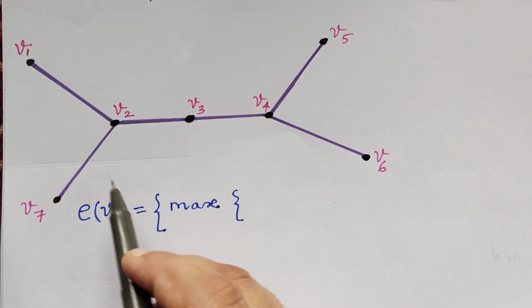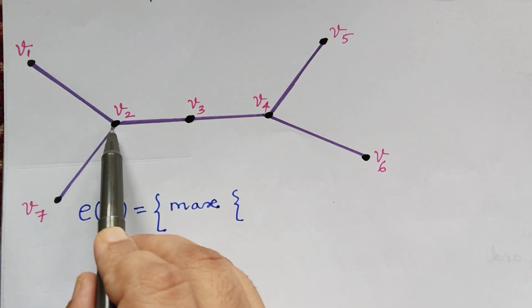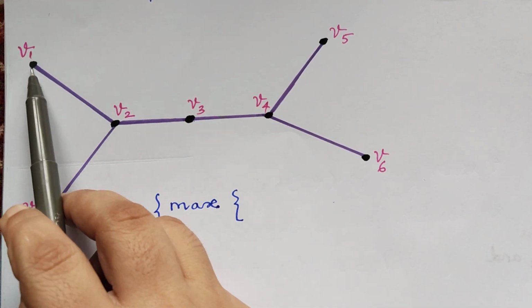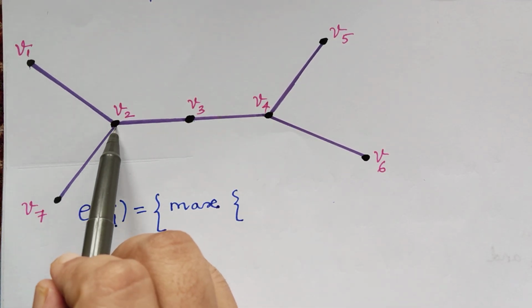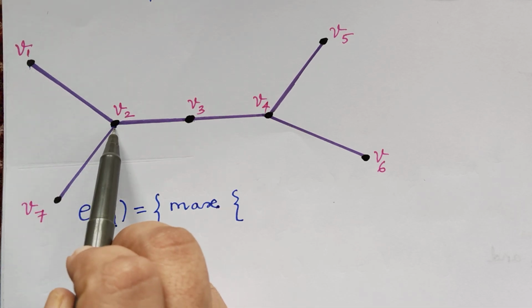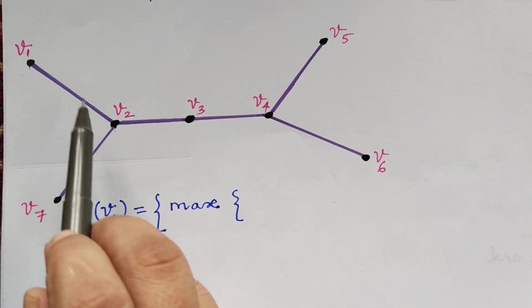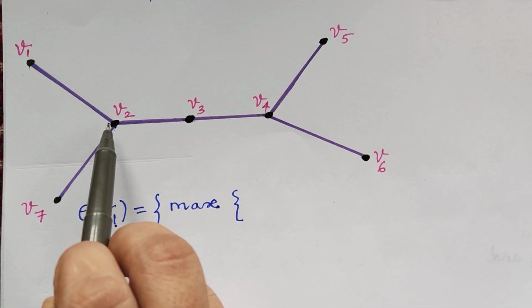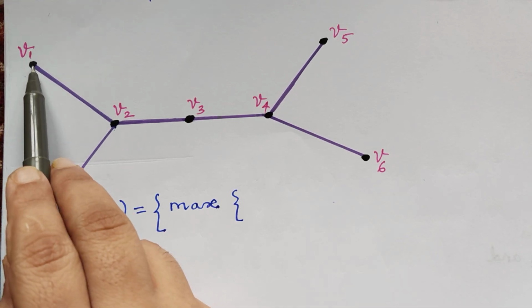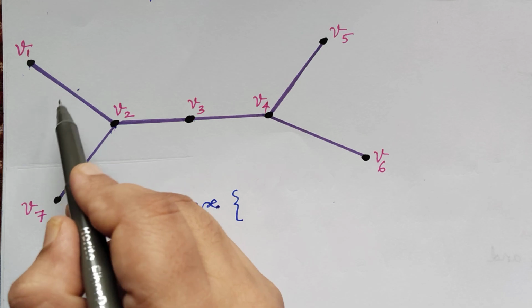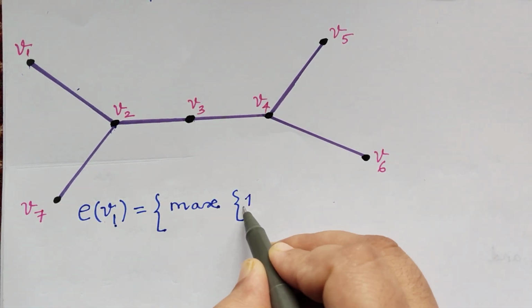What is the distance of V1 from V2? The distance of the vertex V1 from V2 is the number of edges in the path between these two vertices. The distance of V1 from V2 is only one edge, so it is 1.